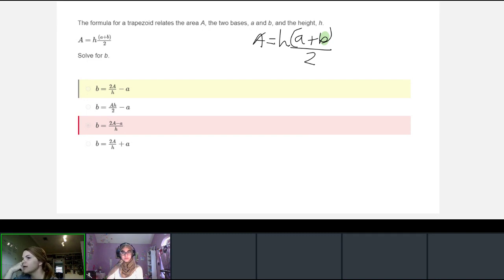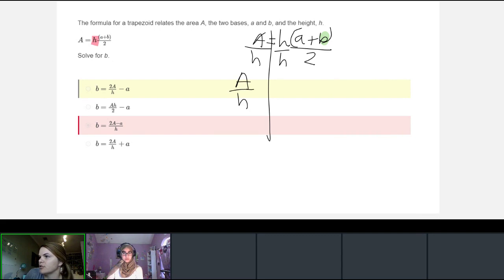Probably what I would recommend doing first is dividing by that H. So this is H times all of this. To undo the multiplication, we're going to divide by H on both sides, which is going to look a little funny because we have so much going on. So divide by H. Now we have A divided by H equals (A plus B) divided by 2.